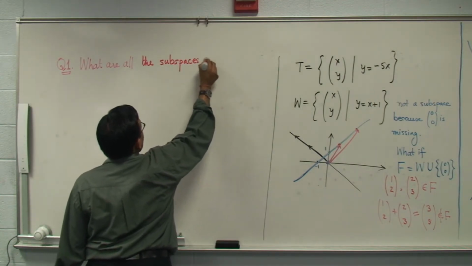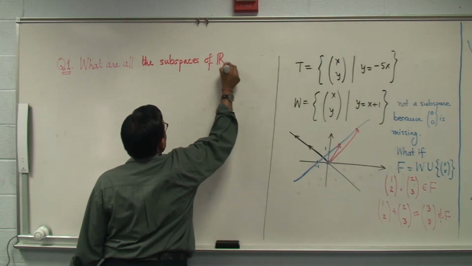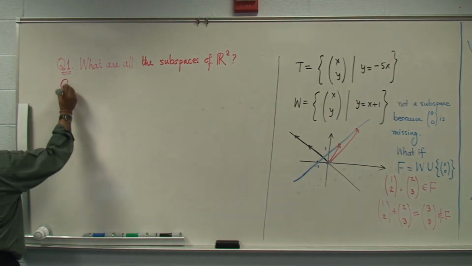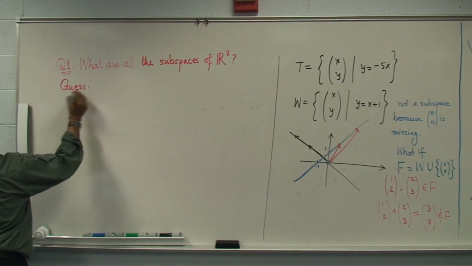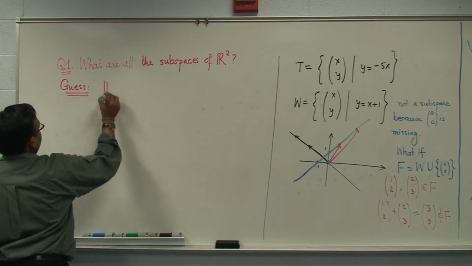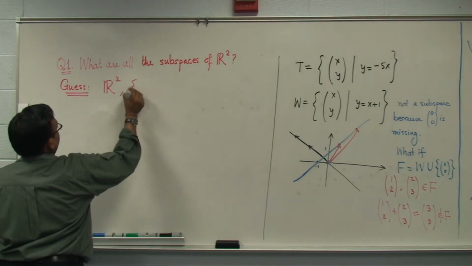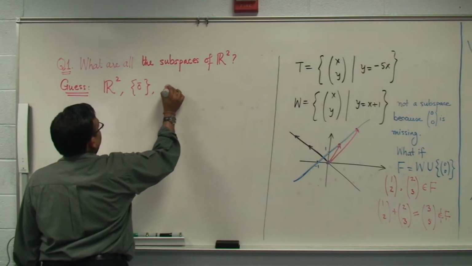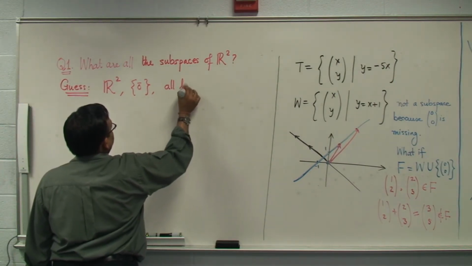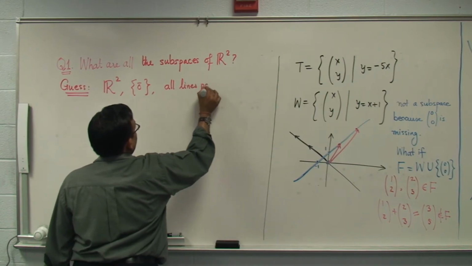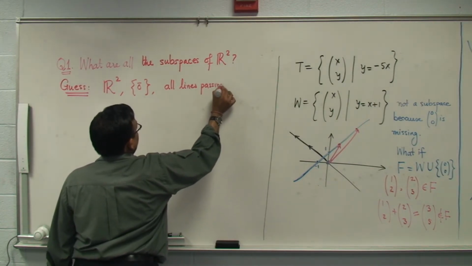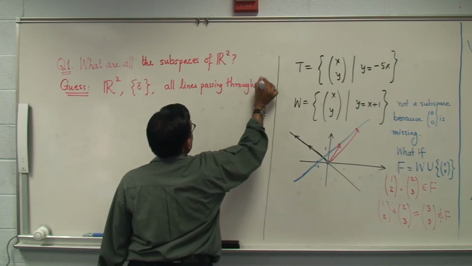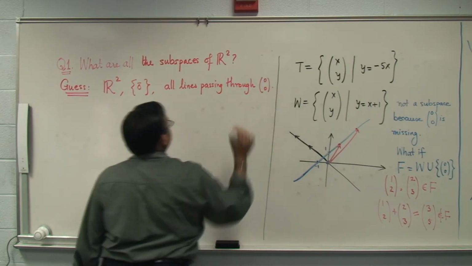So what are all the subspaces of R2? Here is our guess: R2, the zero subspace, and all lines passing through 0, 0.